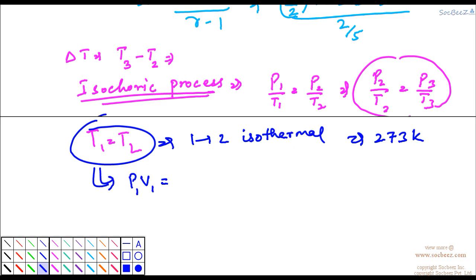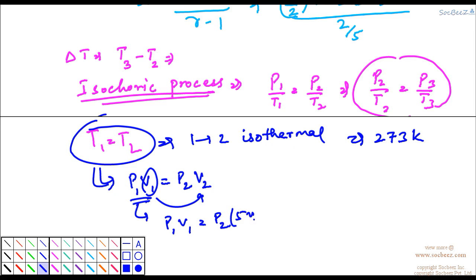So for this process, P1 V1 was equals to P2 V2. Now we know that the pressure initially was given to us as some, we are not given actually. So we can make the use of this property as the volume has expanded to 5 times. So we can just say that P1 V1 equals to P2 into 5 V1. So V1 V1 gets cancelled out. P2 is nothing but P1 by 5, right?